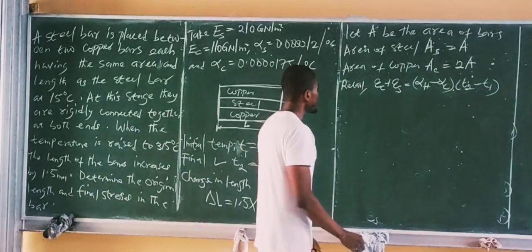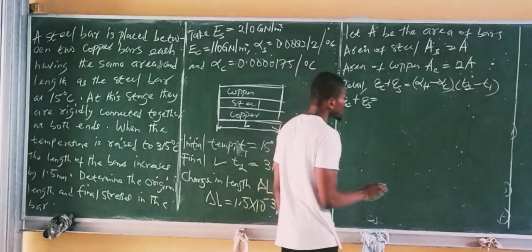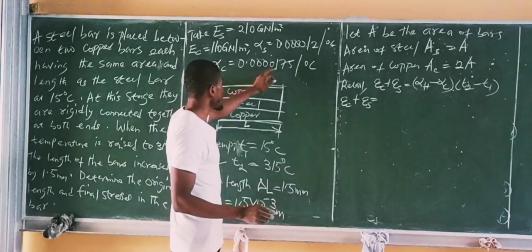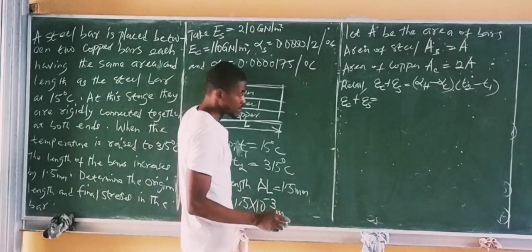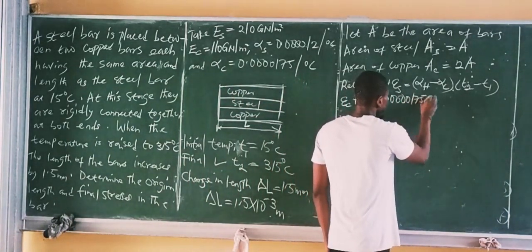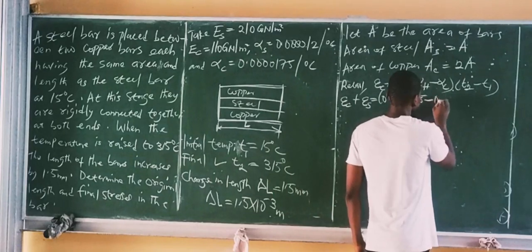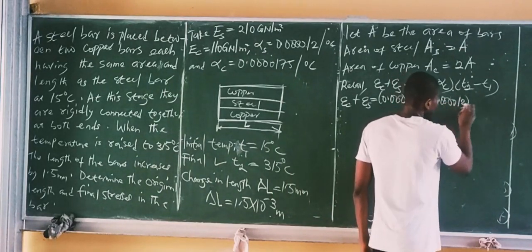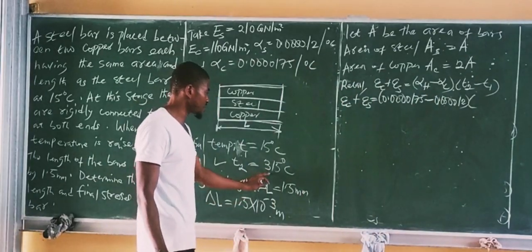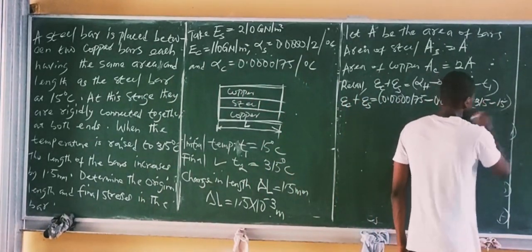So the strain of copper plus the strain of steel is equal to the thermal expansivity of the higher material, which is copper, 0.0001755, minus the thermal expansivity of the lower material, 0.000012, times the change in temperature, the final temperature 315 degrees Celsius minus 15 degrees Celsius.